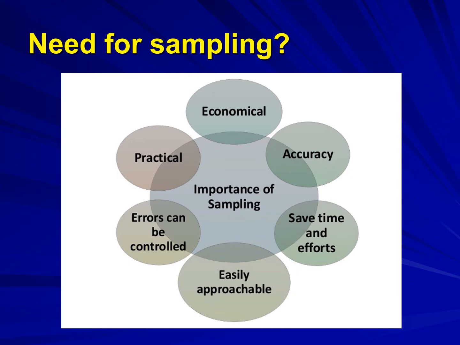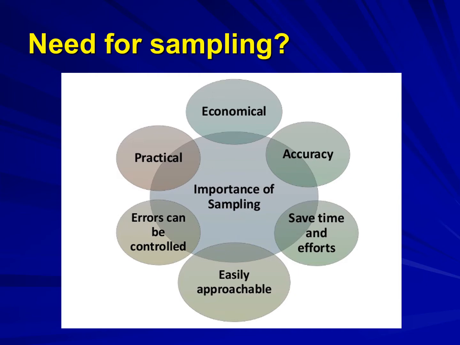So we will take the example that I have already given in the previous slide. We want to measure the hemoglobin levels of the female population of the Loni town, and that female population is equal to 5,000 women. So it is very hard to measure the hemoglobin levels of all 5,000 women.